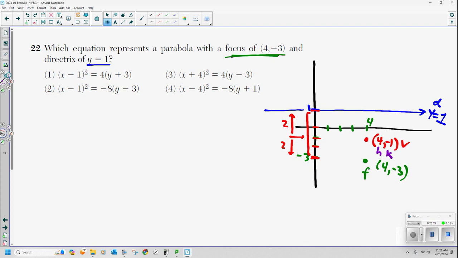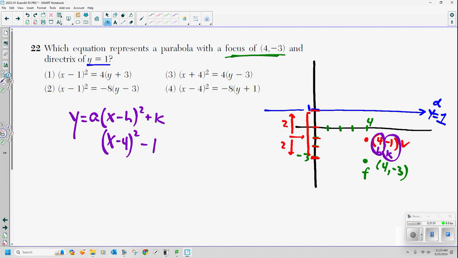The equation of my parabola is y equals a times x minus h squared plus k. My h is 4, so it's x minus 4 squared, plus my k is -1. So we could just say -1 instead of plus and negative. y equals, so what's my a? a is 1 over 4c.